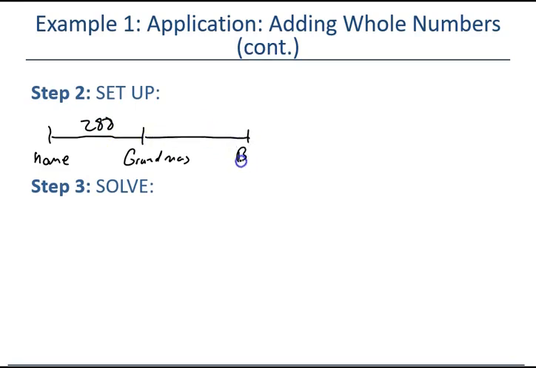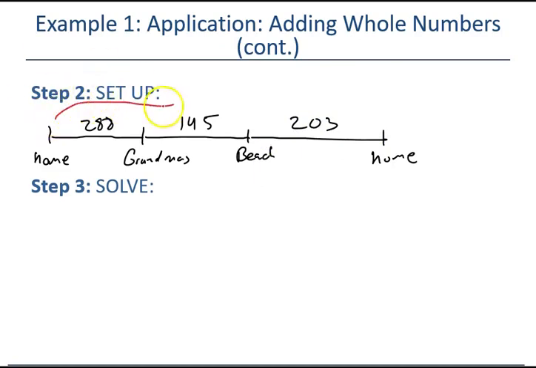How far was that? It's going to be 145 miles. And then she's going to go back home, and she's finally back home again. From the beach to her home, it was only 203 miles.